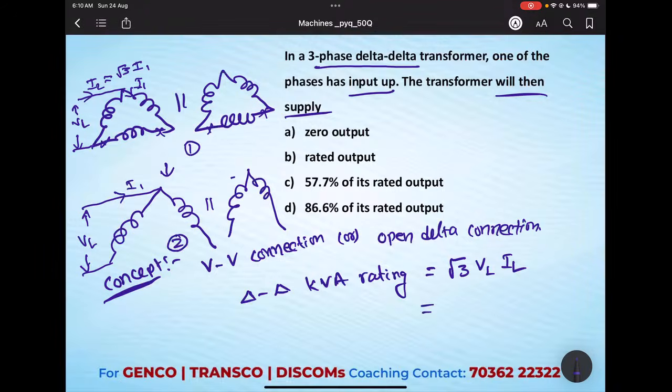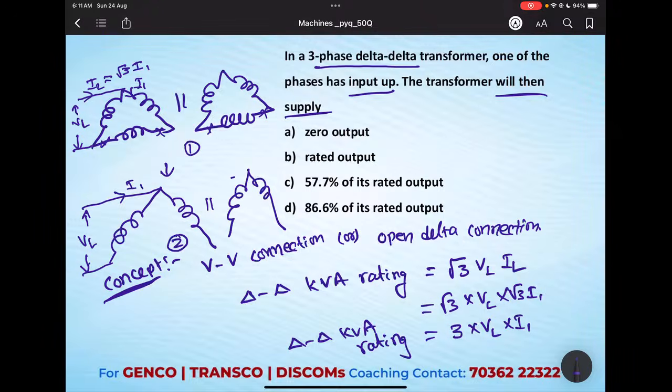From the first diagram we can see √3 into V. VL is VL only. IL you can write as √3 into I1. So √3 into √3 is going to be 3 VL into I1. So the delta KVA rating is going to be 3 VL I1.